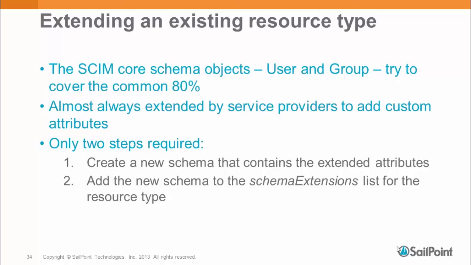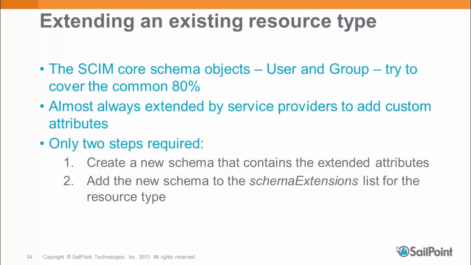Almost every service provider uses these because that 80% is not enough for anybody, really. You need a little bit more to your identities than just what comes in the core. So it's extremely common, and it's really easy for service providers to do.